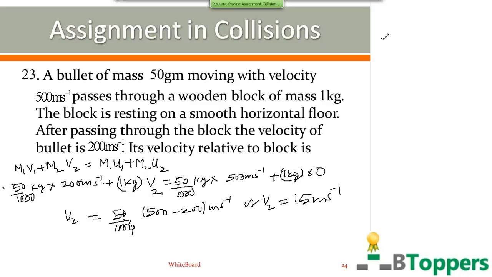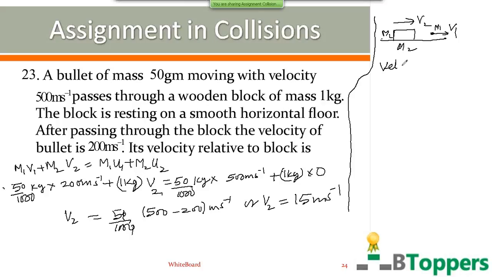That means after the collision, the block is moving with the velocity v2, and the bullet with mass m1 is moving with velocity v1 in the same direction. When the two velocities are in the same direction, the magnitude of relative velocity of one body with respect to another body will be equal to the difference in the magnitudes of the velocities of the two bodies.